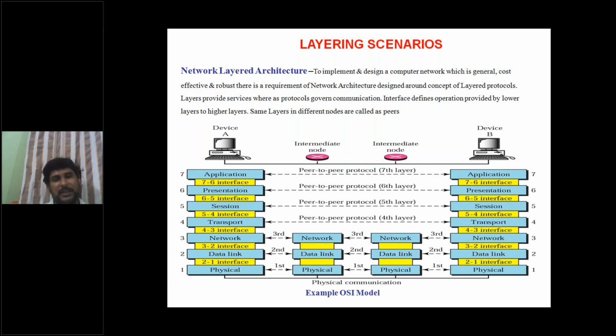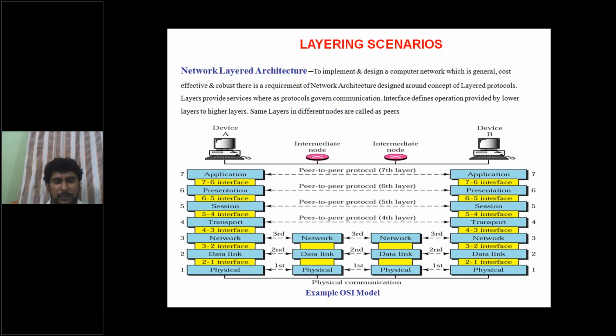And each layer will be trying to get services of the layer which is below it. And the connectivity between the two adjacent layers, we refer to with a phrase called interface. Got it? Peer refers to the same standards in two different devices, whereas interface indicates the relation between the upper layer and lower layer and the services offered by the lower layer to the upper layer.